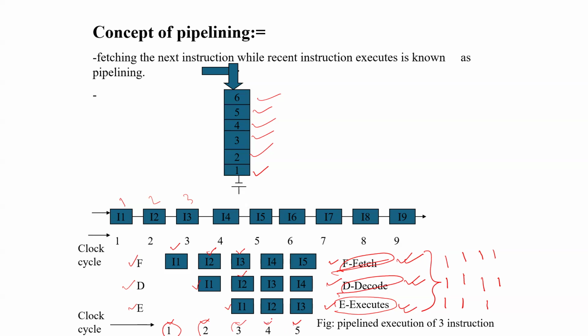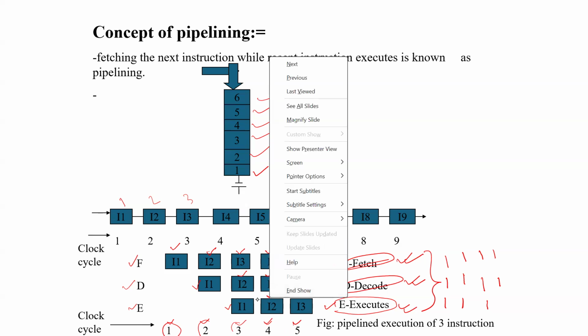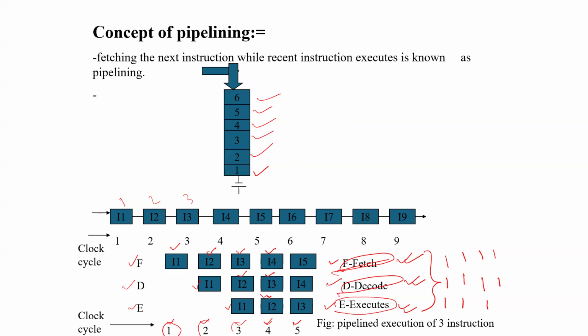Same thing in the fourth clock cycle: instruction 4 will be fetched, instruction 3 will be decoded, and instruction 2 will be executed. Like that, in the fifth clock cycle, instruction 5 will be fetched, 4 will be decoded, 3 will be executed. So parallelly, all instructions will be processed during these clock cycles.